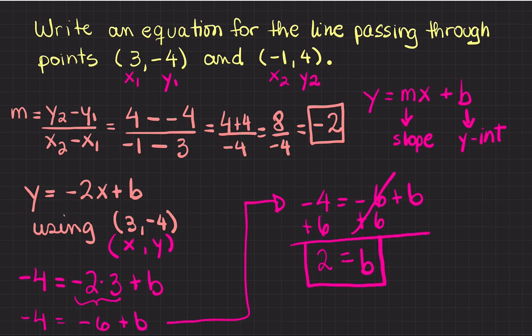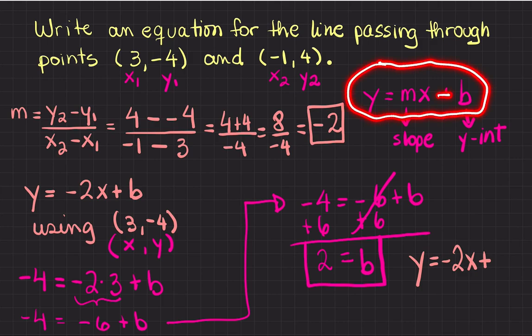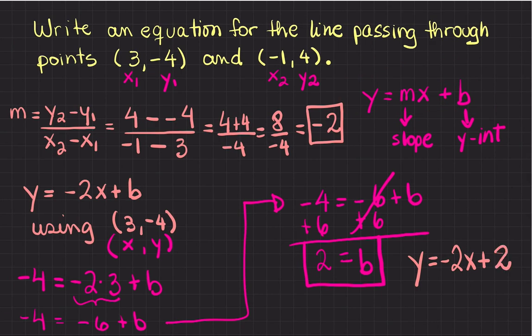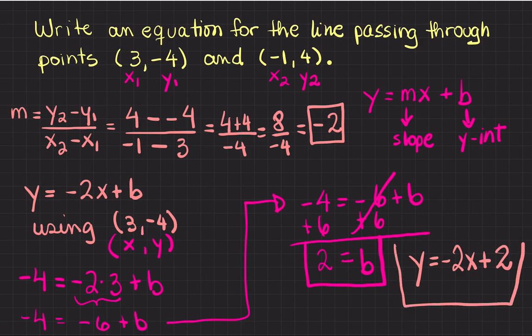My final answer, this is my equation of the line, is y equals m, which is the slope, negative 2, x plus b, and b is positive 2. So that's my equation of the line passing through these 2 points. The equation is y equals negative 2x plus 2.